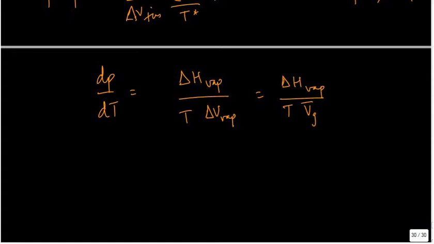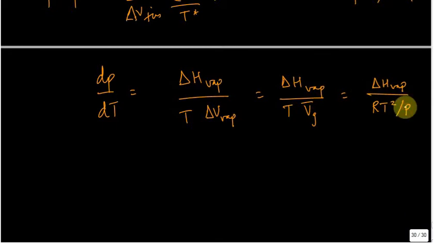So that would give me molar volume equal to RT by P, which is equal to delta H vaporization over RT square, with P on the top.